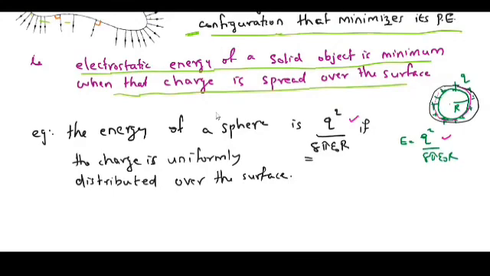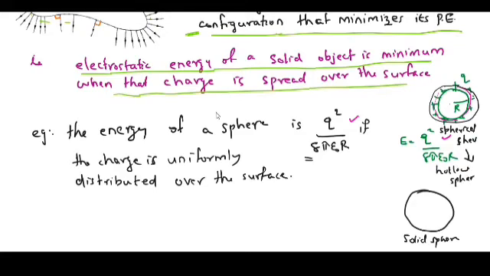Now let us check if the charge is uniformly distributed throughout the volume, that is a solid sphere. If the charge is distributed through the surface, it is equivalent to a spherical surface, that is a spherical shell. A spherical shell means a hollow sphere, which does not have any volume.